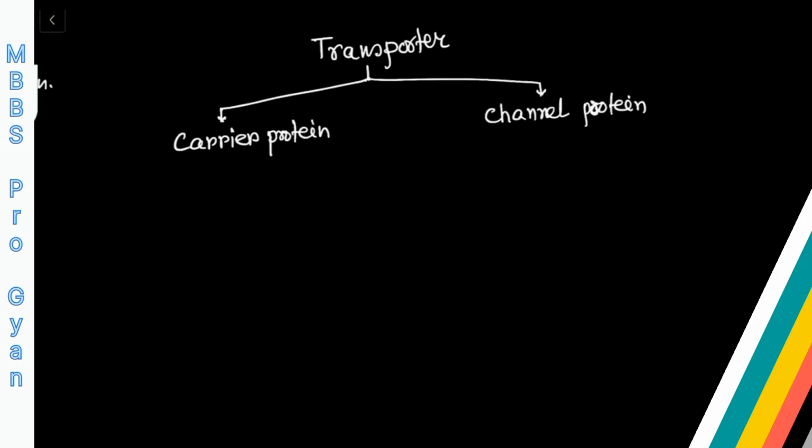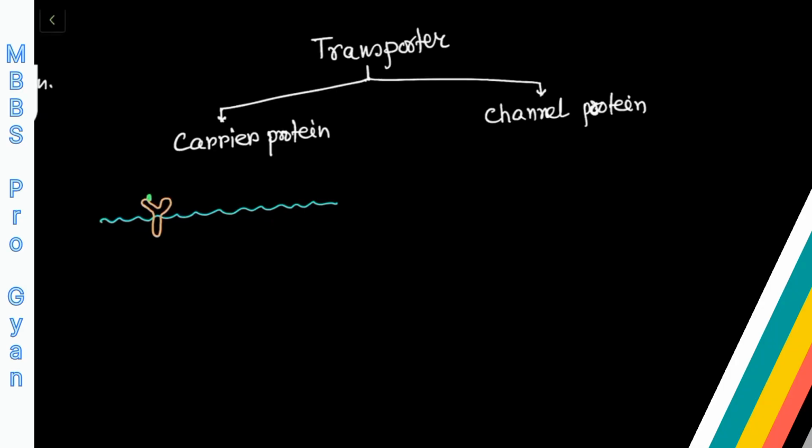Carrier protein: suppose I am drawing one plasma membrane here. On this plasma membrane, this is the carrier protein with a particular shape. And suppose this carrier protein is going to transport glucose from one leaflet to the other leaflet of the membrane. What will happen whenever glucose attaches with this carrier protein?